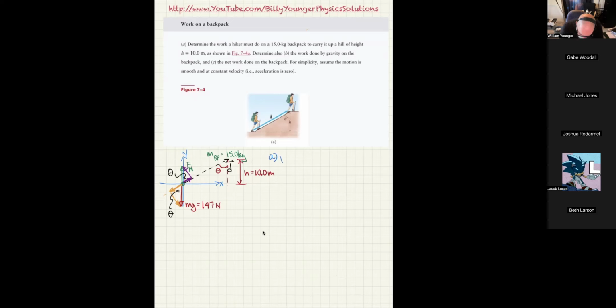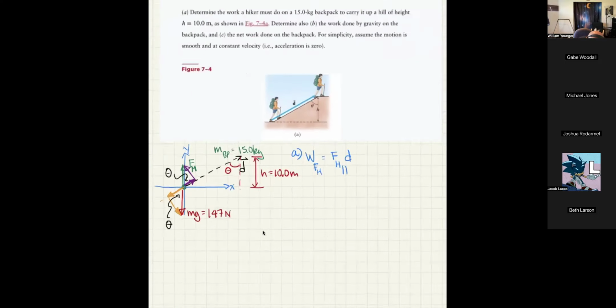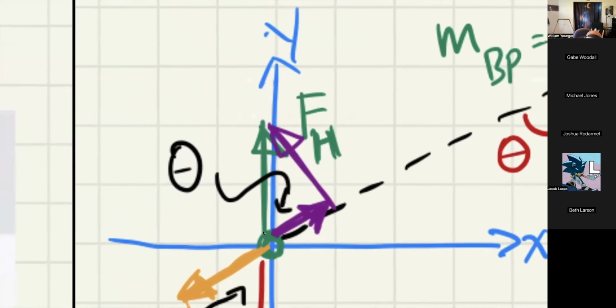The work done by the hiker is work done by F sub h, and that equals the component of F sub h that is parallel to the displacement vector times the distance or the length of the displacement vector. Well, we can see from this triangle right here, okay?